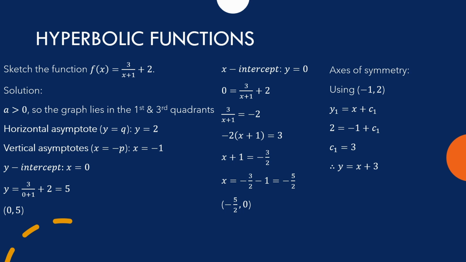That is the first equation of my axis of symmetry. Trying to find the next, I'll have y2 equals negative x plus c2, and substituting the coordinate into this equation now, I'll have 2 equals 1 plus c2, and hence c2 equals 1, and hence my equation will be y equals negative x plus 1.